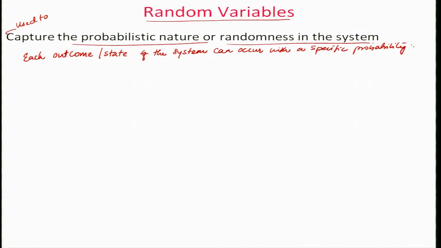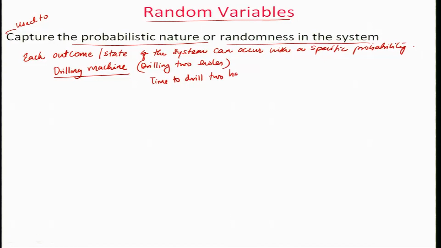So, for example, if you take a drilling machine and you are manufacturing a part where you are drilling 2 holes, and let us say the time to drill 2 holes varies uniformly between 10 to 18 minutes.